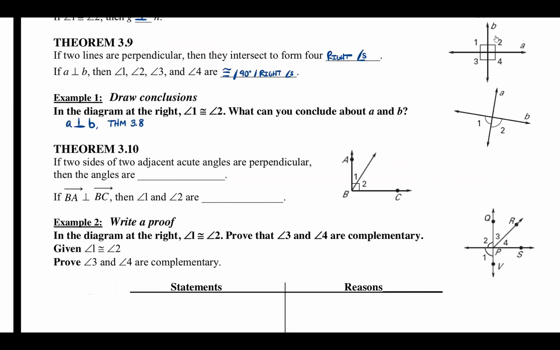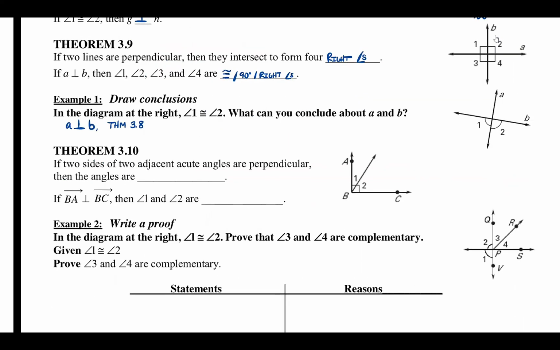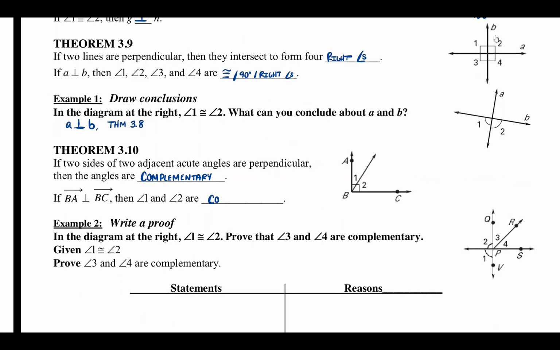Good. What's it mean to be complementary? Not the same. That would be congruent. Their sum is 90 degrees. Good.